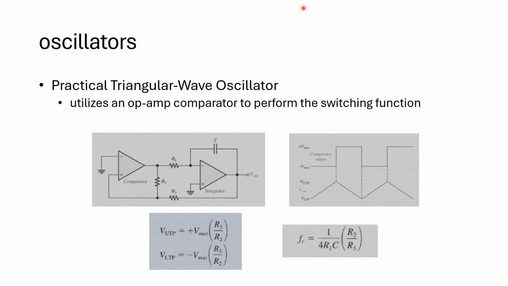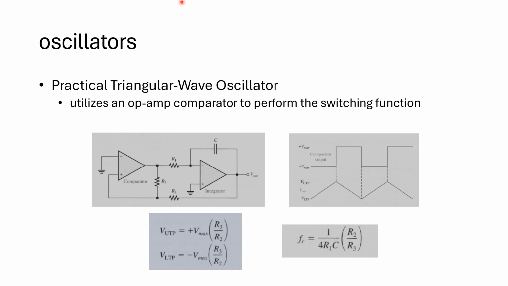So the ramp continues in this direction until the lower trigger point of the comparator is reached. At this point, the comparator output switches back to the maximum negative level and the cycle repeats.